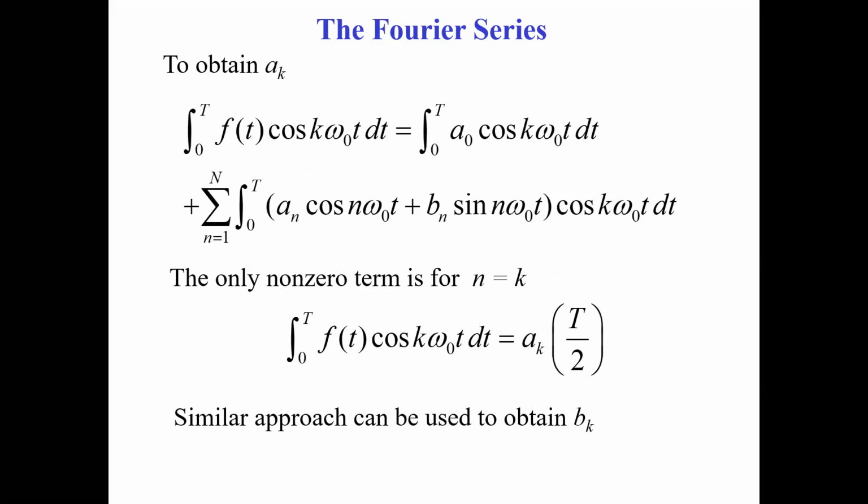See this: the integral over the range 0 to T of f(t) cos(k omega naught t) dt is equal to the integral of a naught cos(k omega naught t) dt plus the summation. The only non-zero term is for n equal to k, which gives a k T by 2. A similar approach can be used to obtain b k.